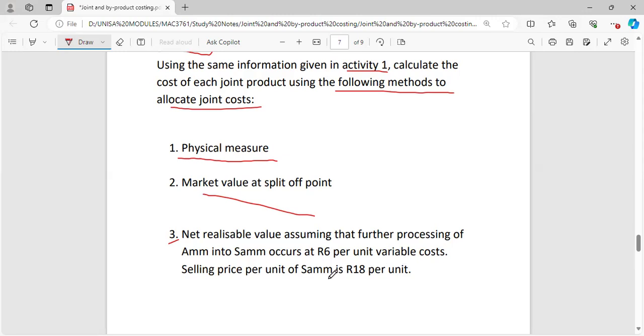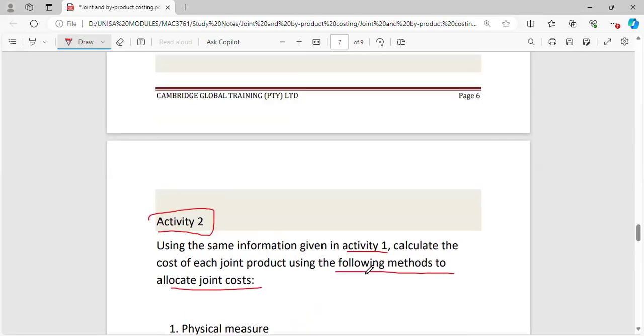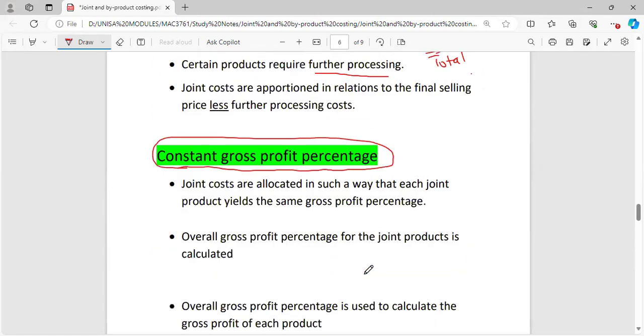The selling price for SUM, do you see here, ARM has been further processed to SUM, and the further processing cost is 6 Rand per unit. The selling price is 18 Rand per unit. You see, the selling price has changed after further processing.